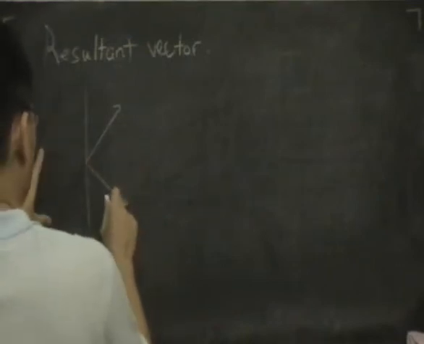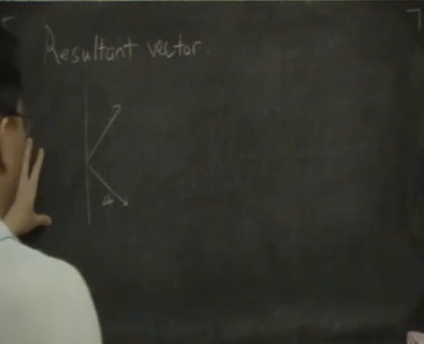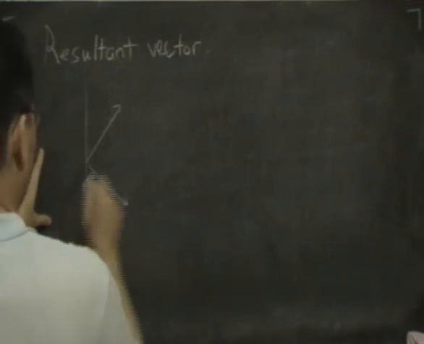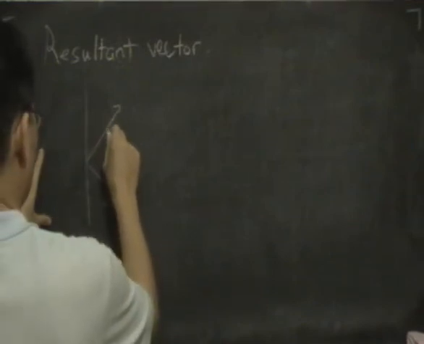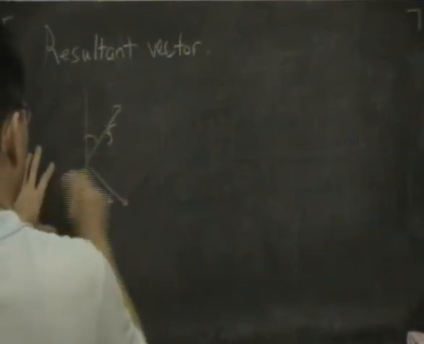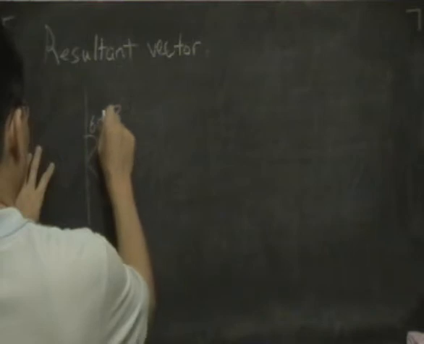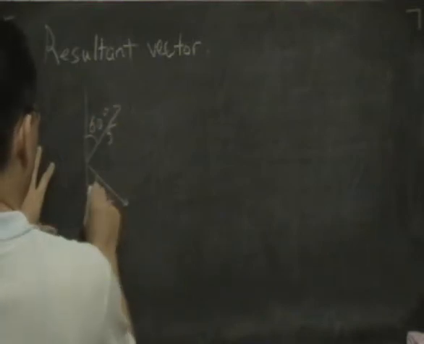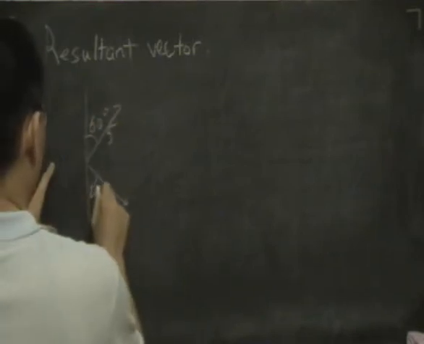Let's say the length of that is 4 units and the length of that is 5 units. You might be given an angle there of 60 degrees and an angle there of 40 degrees.